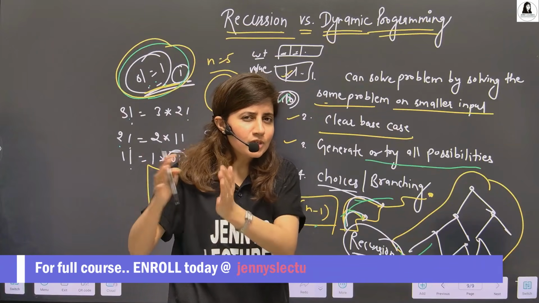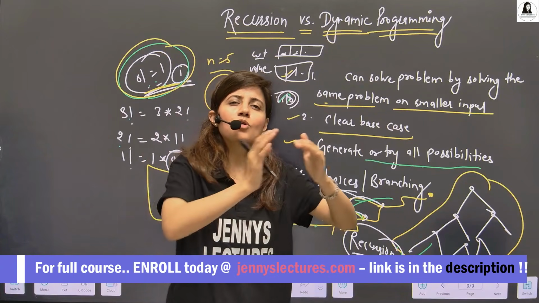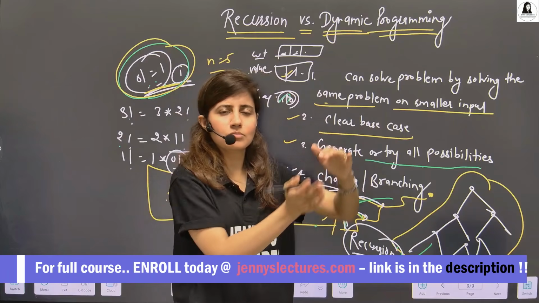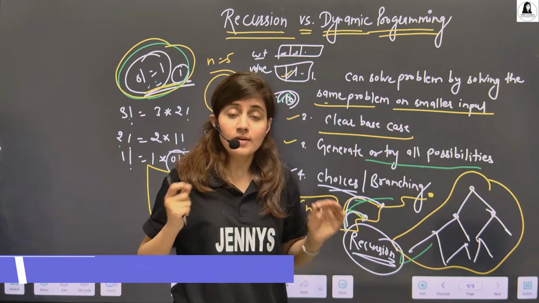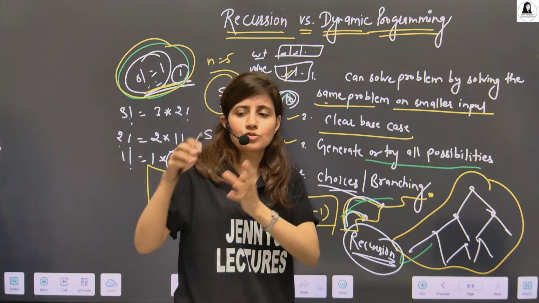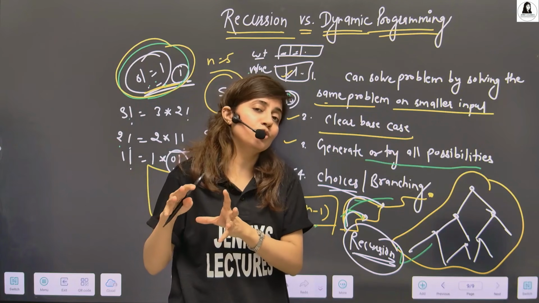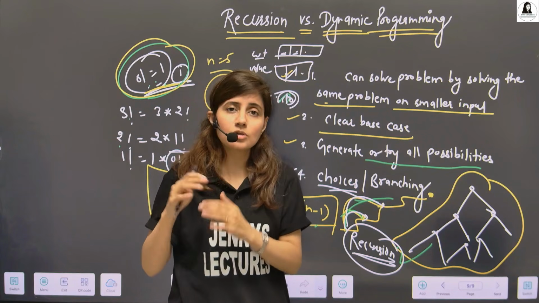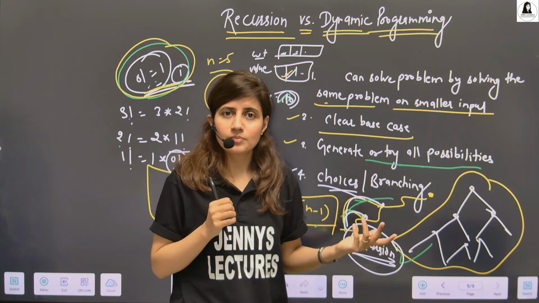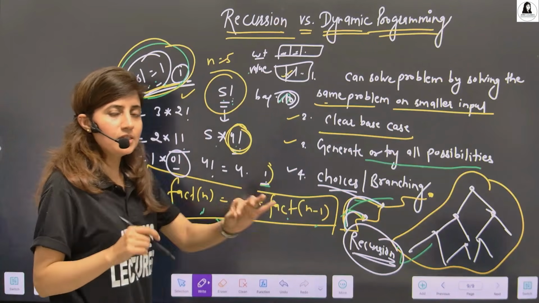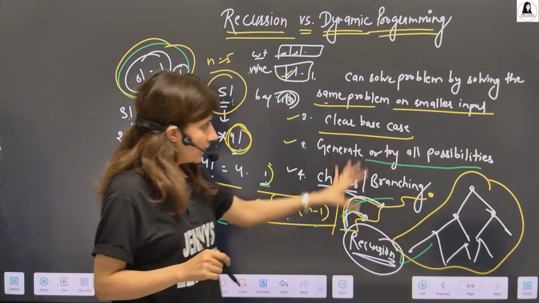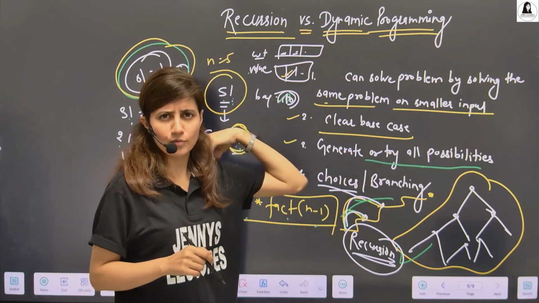So we solve the problem with recursion, then we optimize it with memoization, or we use bottom up. There are two ways to implement DP. So generally, DP problems start with recursion. That's why maybe you think that every problem which uses recursion is a DP problem. No, like factorial, it's not a DP problem. For DP, some hints will be given in the question.